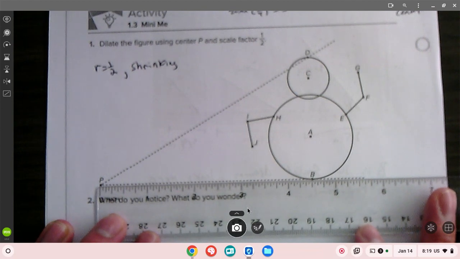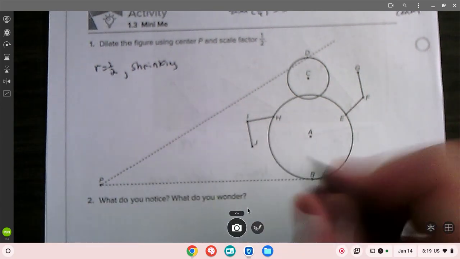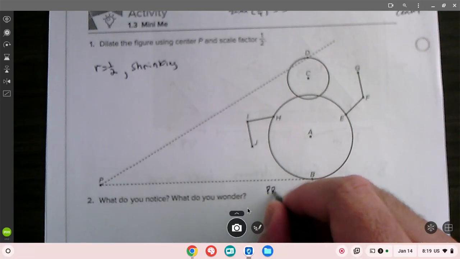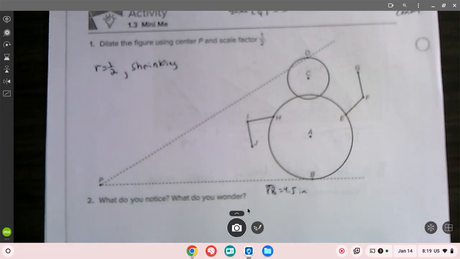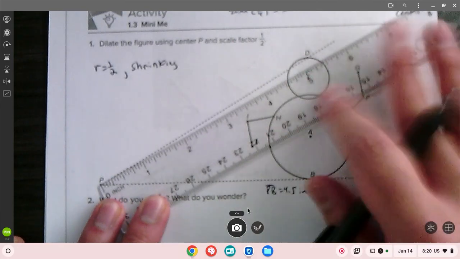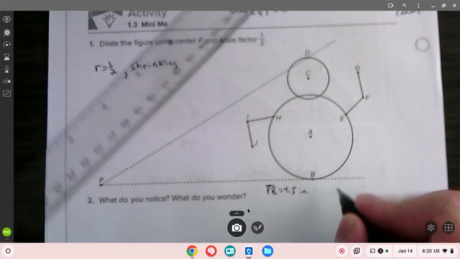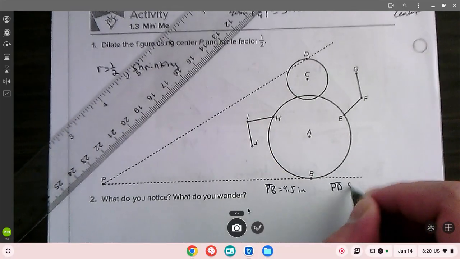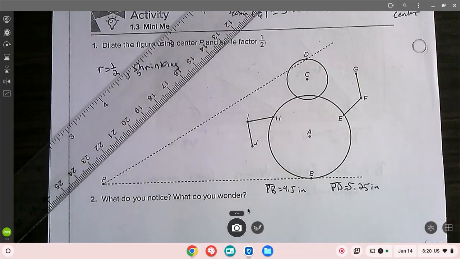I did inches. So I'm going to write right here, PB is equal to 4.5 inches. Okay, what about PD? It is 5 1/4. So PD is 5.25 inches.